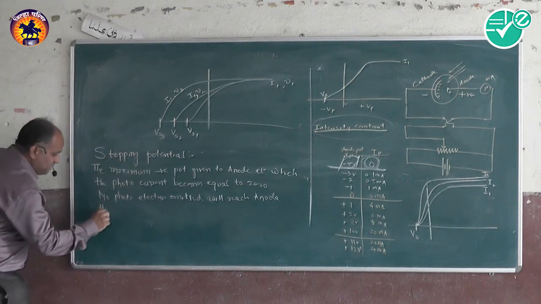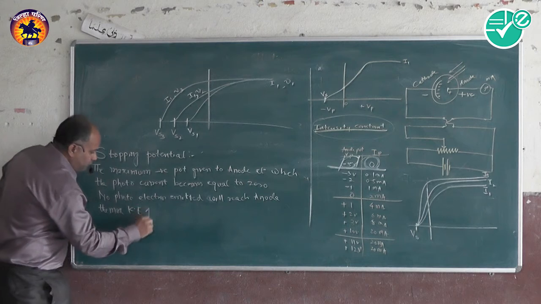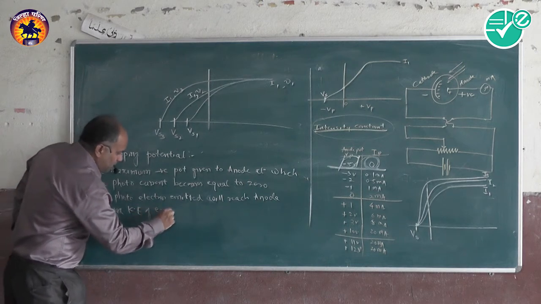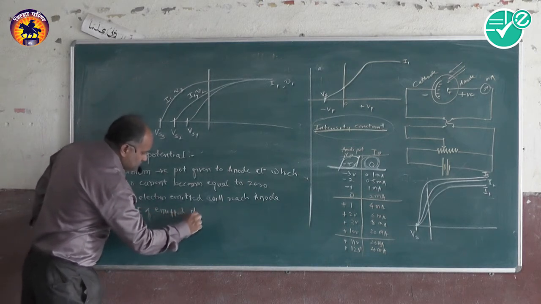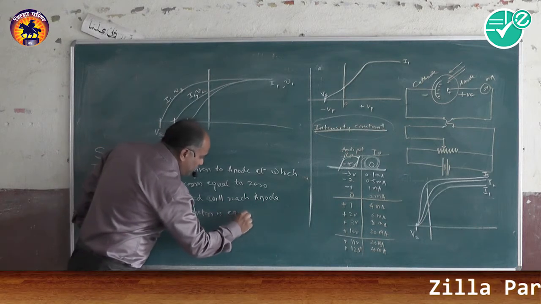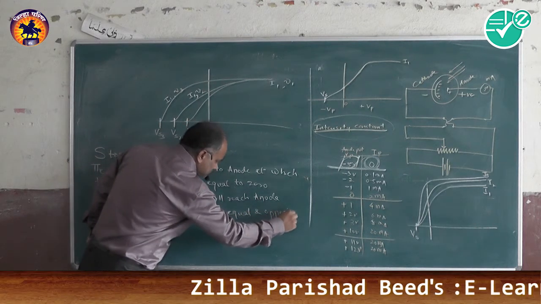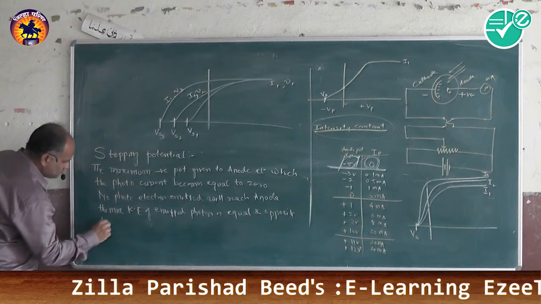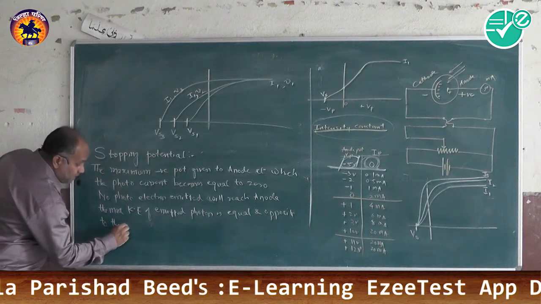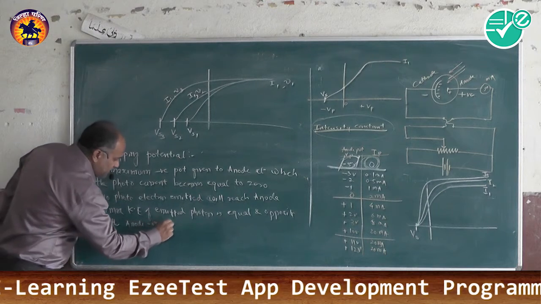The maximum kinetic energy of the emitted photoelectrons is equal and opposite to the anode negative potential.